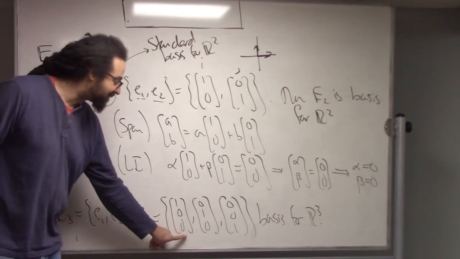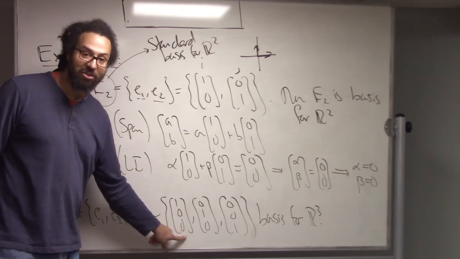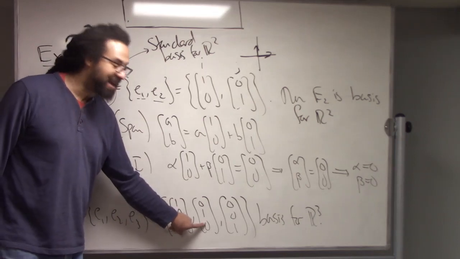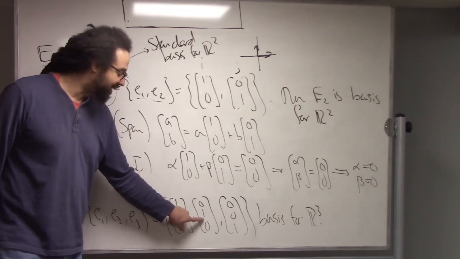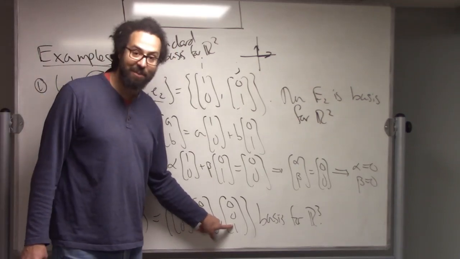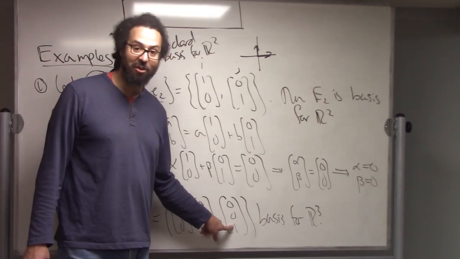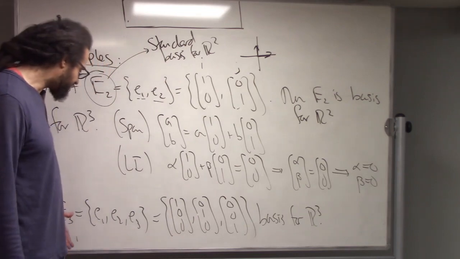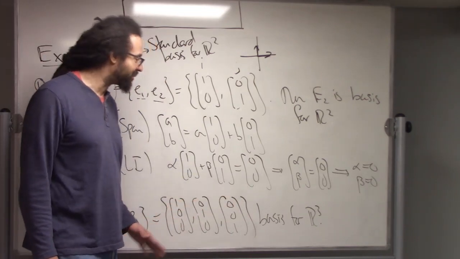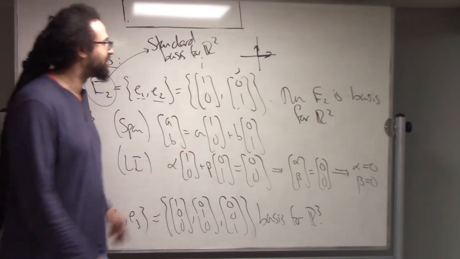This is the first standard basis vector in R3. This is along the x-axis. This is the second standard basis vector in R3. It points along the y-axis. And this is the third standard basis vector in R3. It points along the positive z-axis. So here is the standard basis for R3. This is the standard basis for R2.